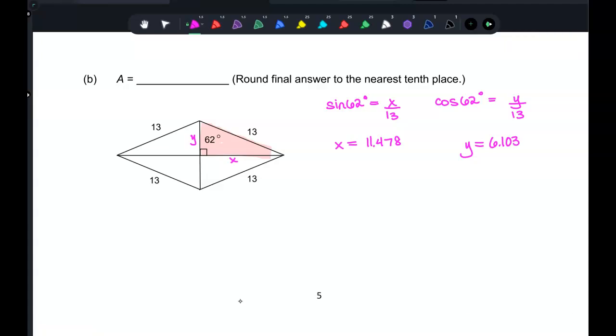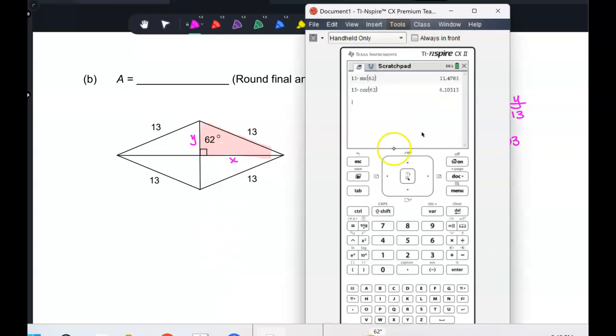Remember, it's taking the final answer. So when I use my calculator, diagonal 1 and diagonal 2 are going to be twice those lengths, right? Because this is just half of the diagonal. Let's do this one first.